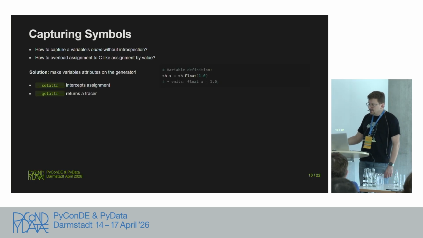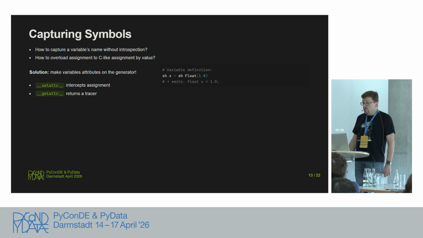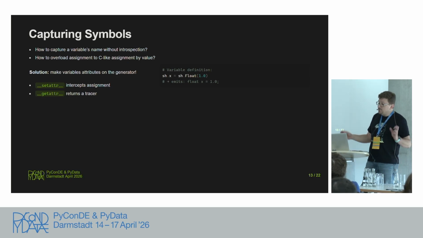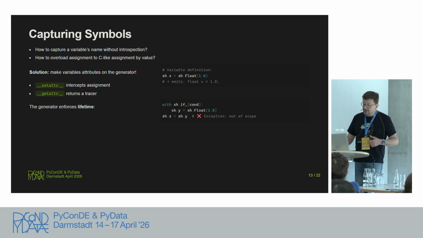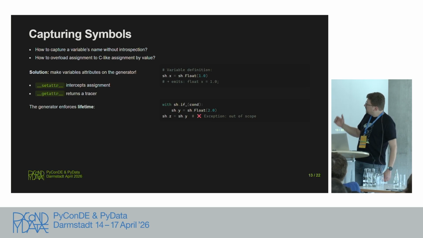So the hack to make it happen is to pretend like these meta variables are members of the generator. So it's always sh dot something. And yes, it does produce kind of idiosyncratic syntax, but this is a trade-off that we're making to enable metaprogramming capabilities. So this allows us to enforce C-like behavior that would be otherwise impossible to implement in Python.